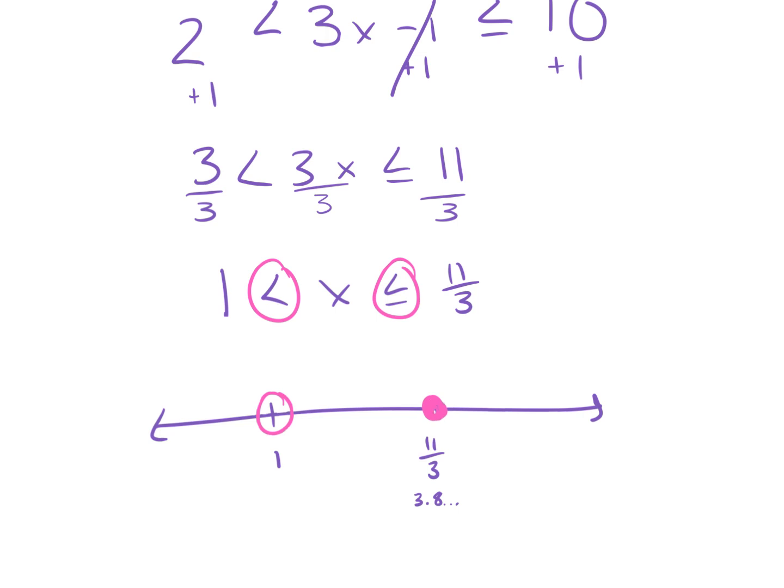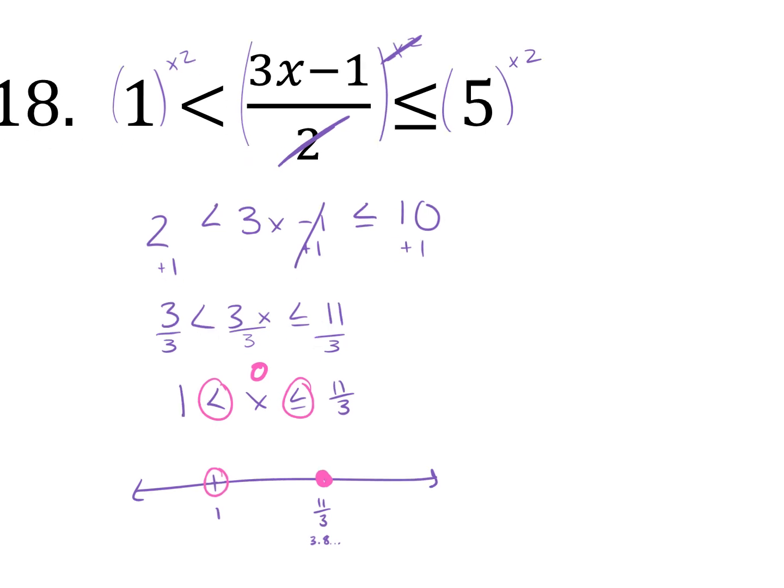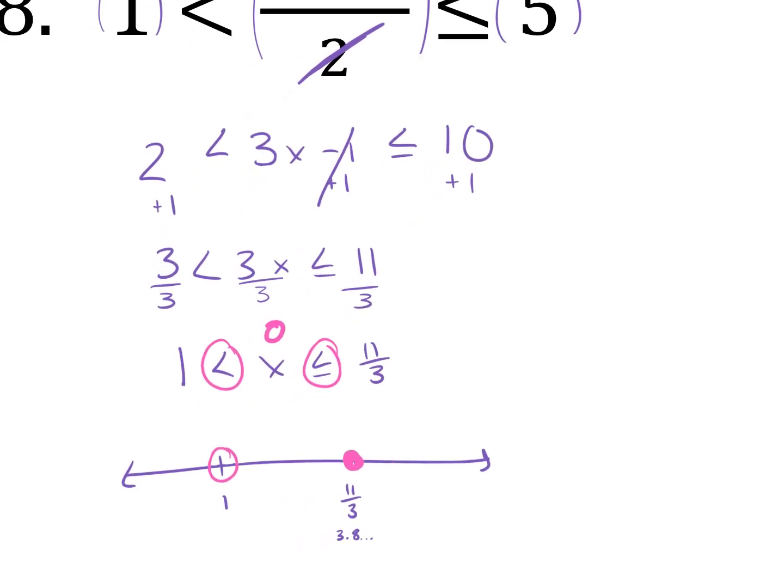All right, let's plug in numbers. What's a number smaller than 1? 0. So let's plug in 0 and see if it works. I could just plug it into here if I wanted to. Is 1 less than 0? We're just looking at this part here. Is 1 less than 0?